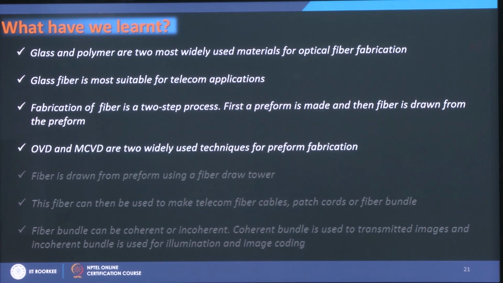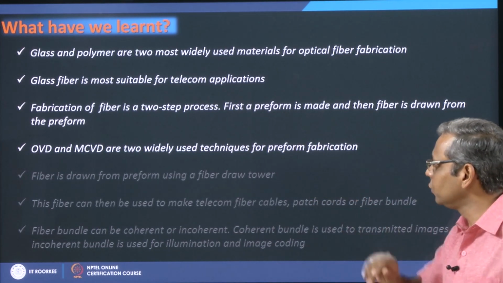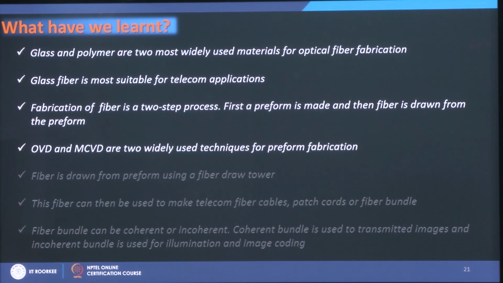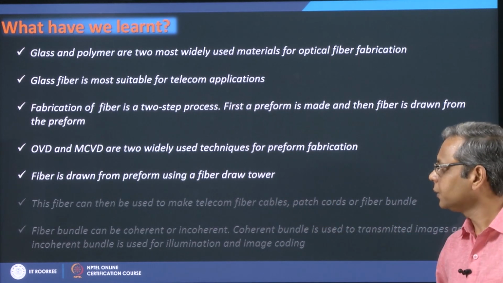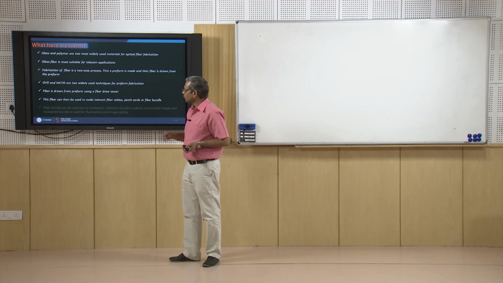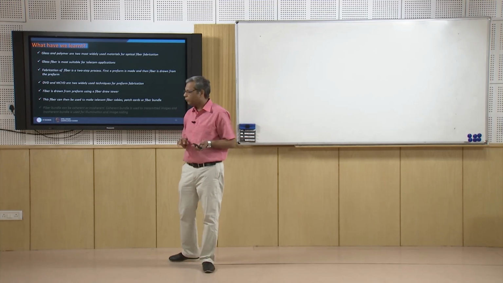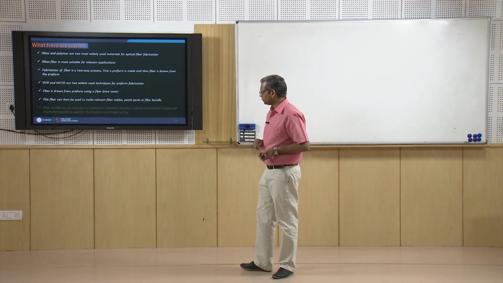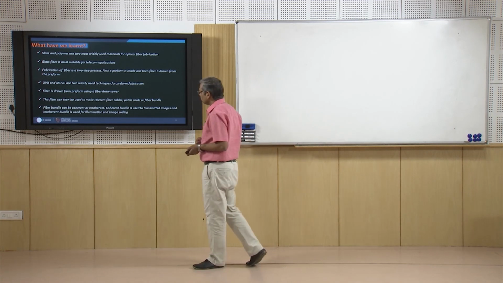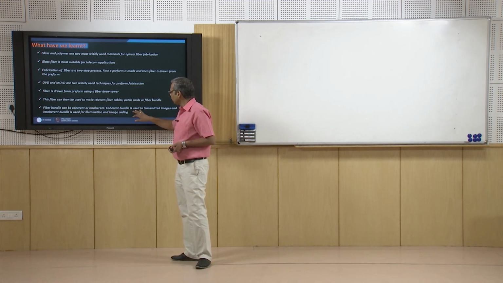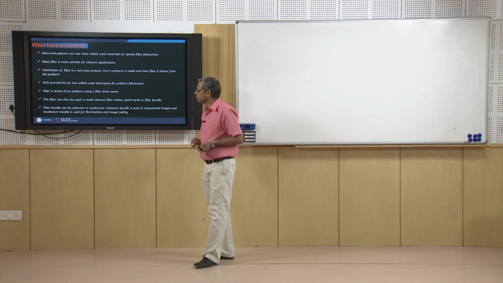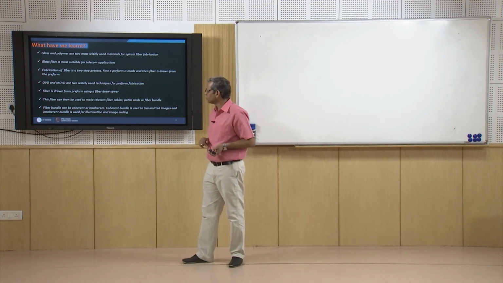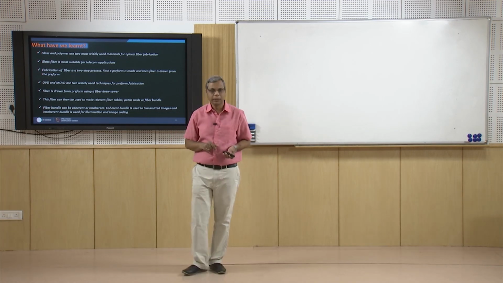OVD and MCVD are the two most widely used techniques for making fiber preform. Fiber is drawn from preform using a fiber draw tower, and this fiber then can be used to make telecom fiber cables, patch cords or fiber bundles. Fiber bundle can be incoherent or coherent. Coherent bundle is used to transmit images and incoherent bundle is used for illumination and image coding.